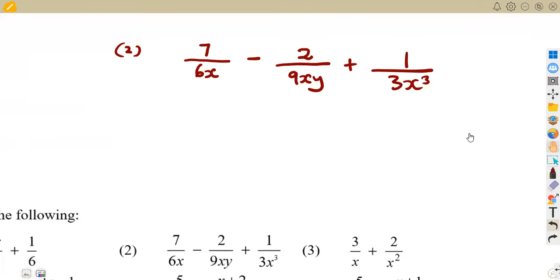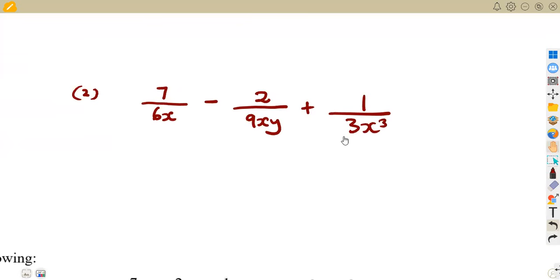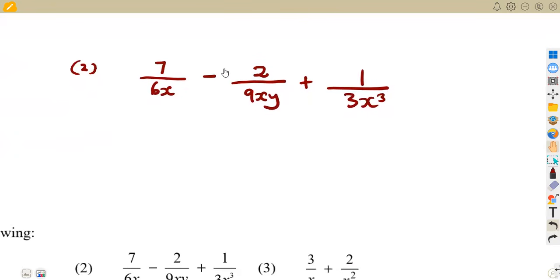Okay. So when you are given such a question like this, whether you are adding or subtracting, whatever you're going to have, it's fine. It's not a problem to have it that way. You can maintain whatever sign that you have. Having a minus and a plus does not affect anything.